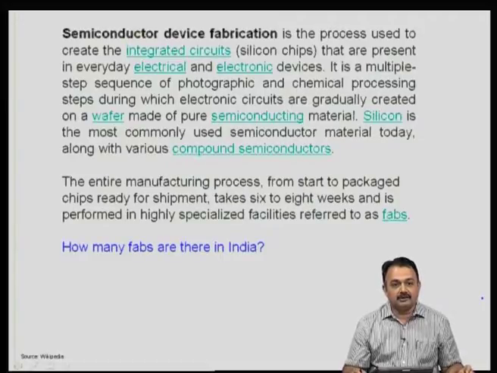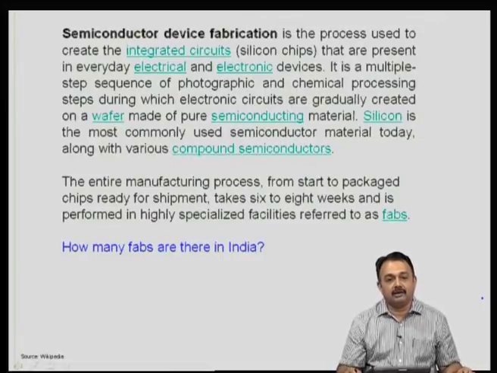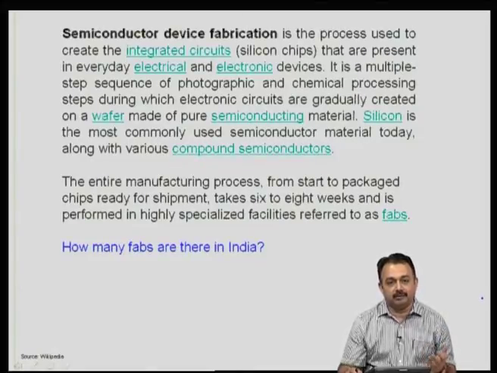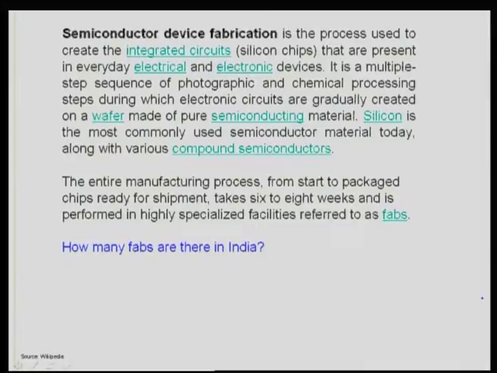It is a multiple step process or a sequence of photographic followed by chemical processing steps, during which the electronic circuits are gradually created on a wafer made of pure semiconducting material. It can be silicon or it can be compound semiconductors also, but silicon is the most commonly used semiconductor material today, along with various compound semiconductors.